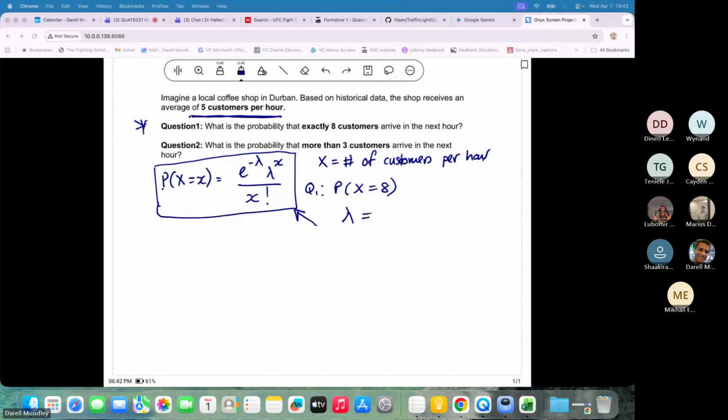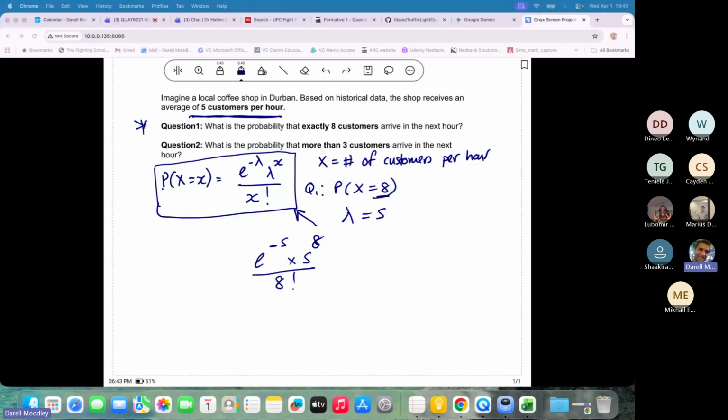Okay, so we're going to enter that in our calculator. We need to enter e to the minus 5, because that's what our lambda is, times lambda, which is 5, to the x, and our x is 8, divided by 8 factorial.